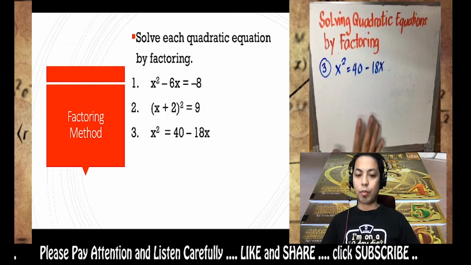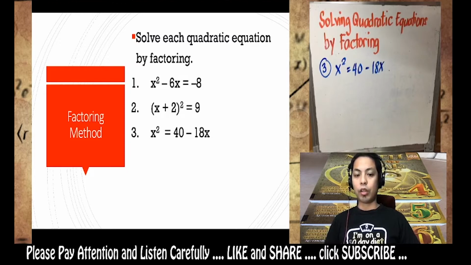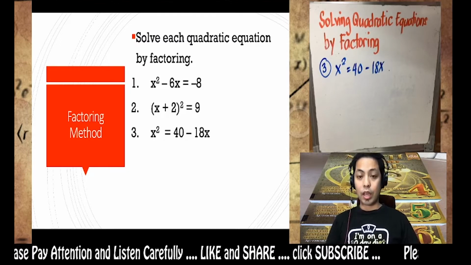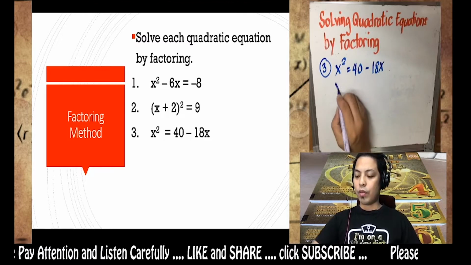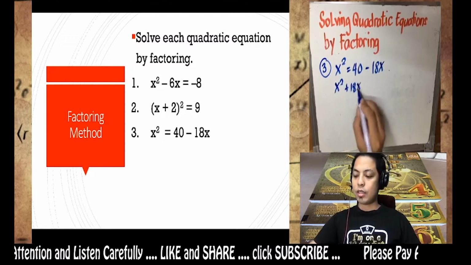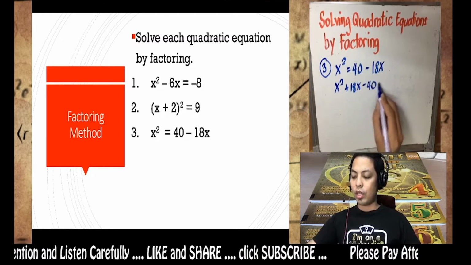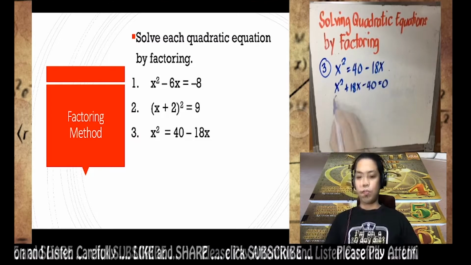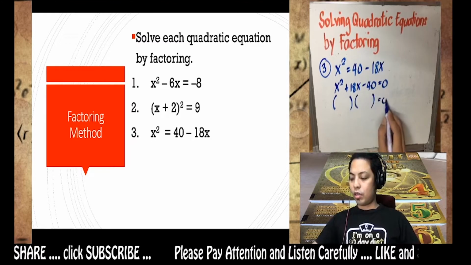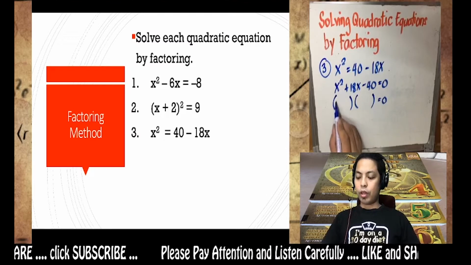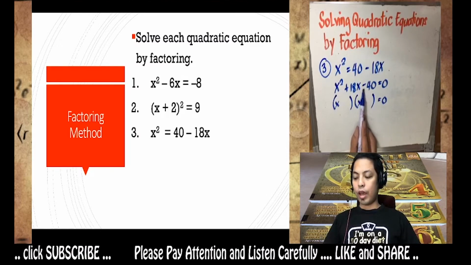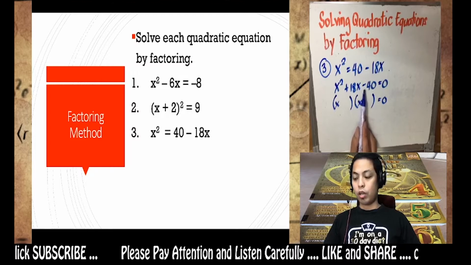Mapapansin natin dito sa number 3, hindi pa siya naka-arrange into ax squared plus bx plus c is equal to 0. I-arrange muna natin siya. So, we have x squared plus 18x minus 40 is equal to 0. So, pwede na tayong mag-factor. Okay? We have x squared, so x dito, x dito. Tignan natin yung last term. We have negative.